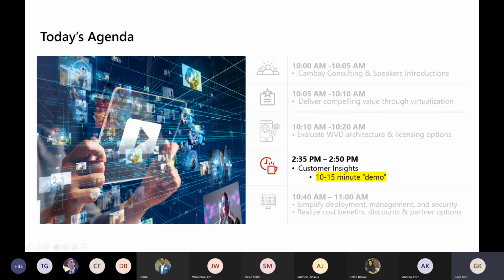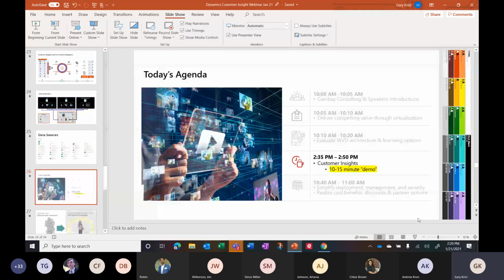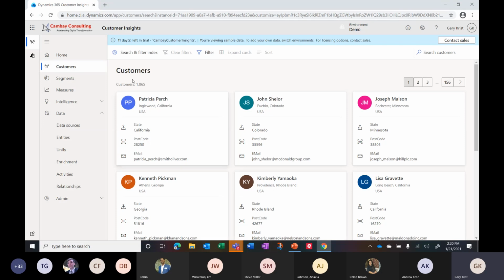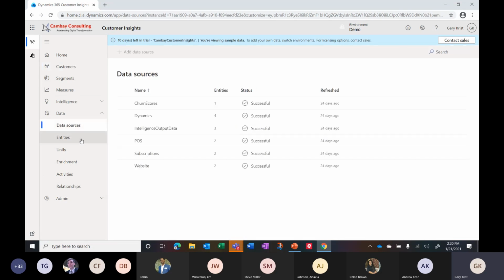So let me jump in and do a little bit of a demo here. Okay, so as we go into customer insights, I'll come back to this screen in a minute, but you'll see the ability to have multiple data sources.